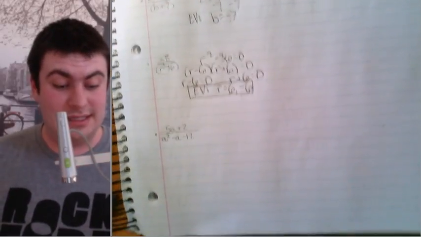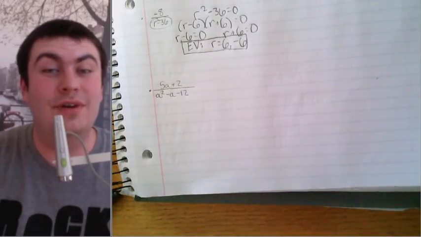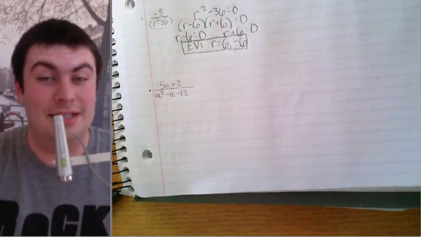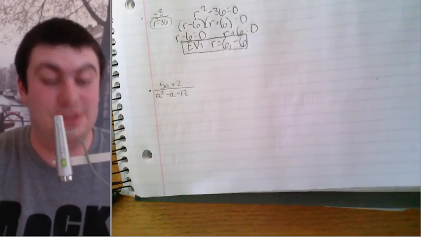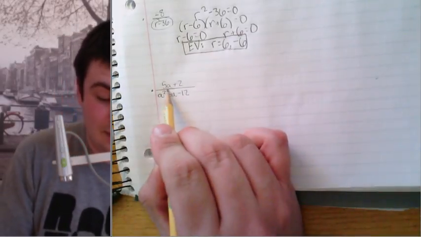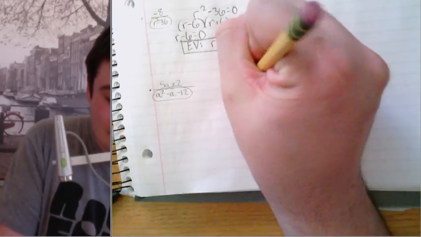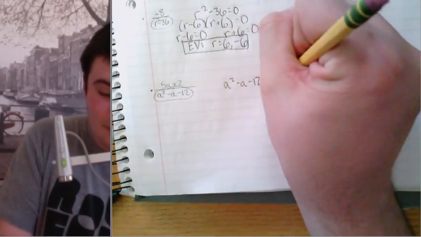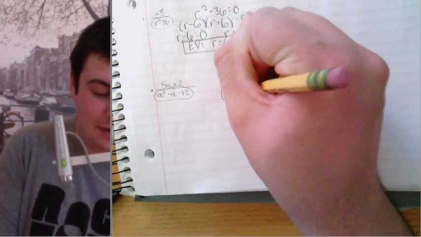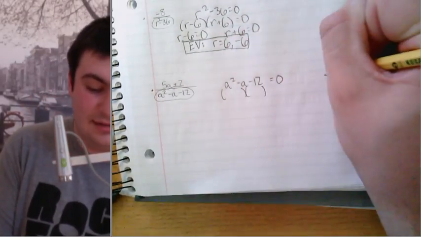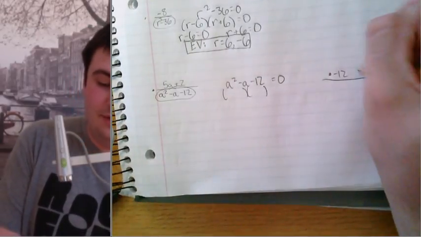Now, one last example just for some practice. If we have 5a plus 2 over a squared minus a minus 12. So our excluded value is when the denominator equals 0. So we say that a squared minus a minus 12 equals 0. And we need to factor. So what multiplies to -12 and adds to -1?